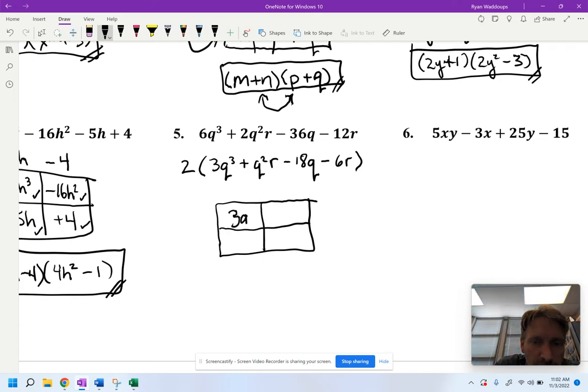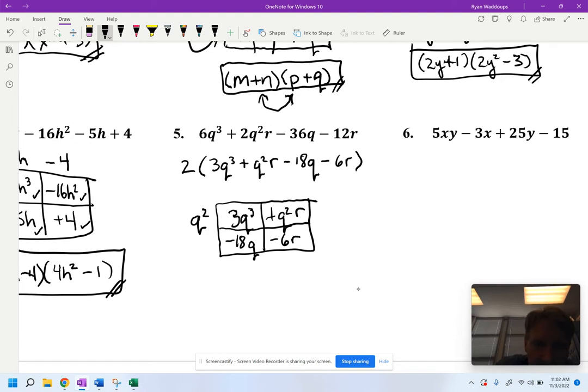So 3q cubed plus q squared r minus 18q minus 6r. And then I factor out the greatest common factor. This would be q squared.